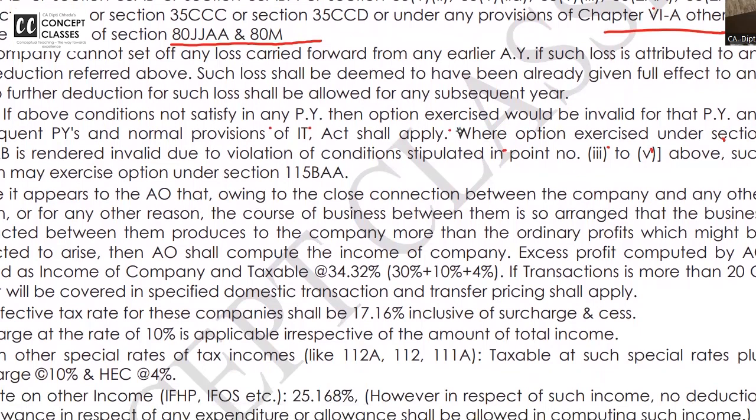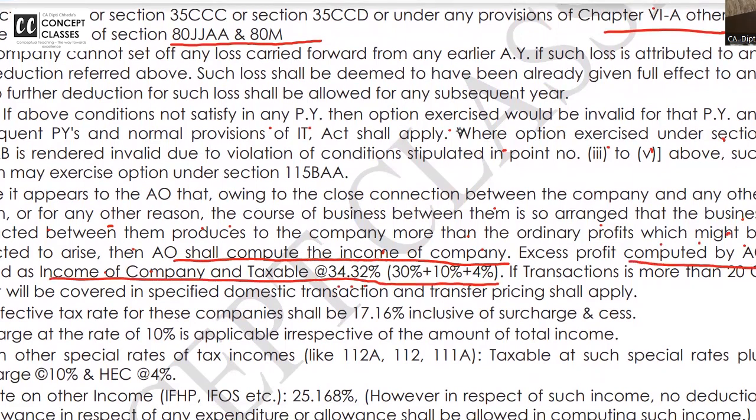Where it appears to AO, owing to the close connection between company and other person, or any other reason, the course of business between them is so arranged that business transaction between them produces to this company more than ordinary profit which might be expected, AO shall compute the income. Excess profit will be taxable at 34.32, 30% only.